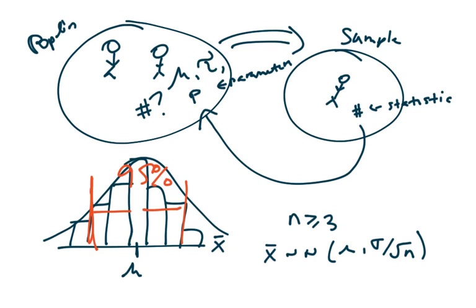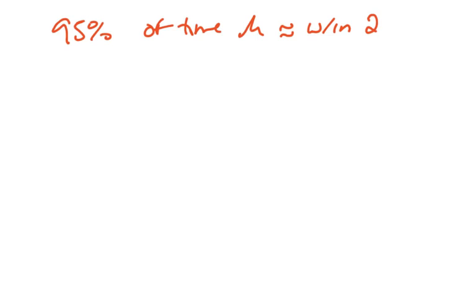So 95% of the time, X bar is approximately 2 standard deviations, so sigma over root n, of mu. But what does that also tell us? Well, it should also tell us that 95% of the time, mu is going to be approximately within 2 sigma over root n of X bar.